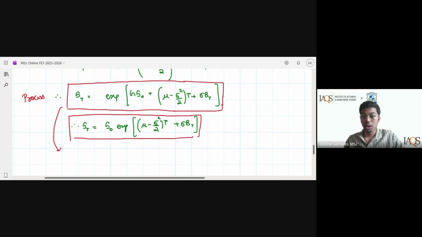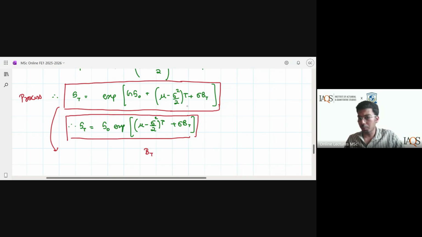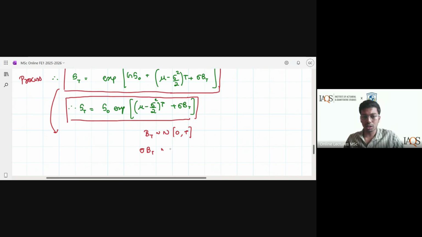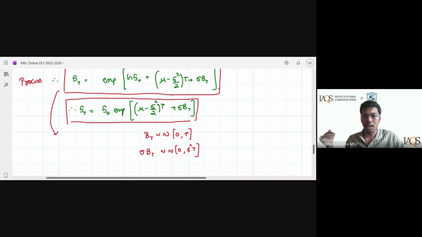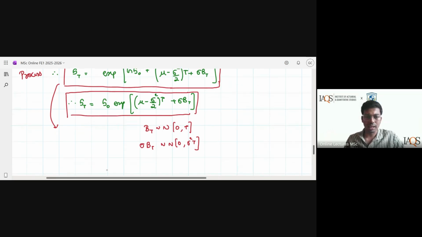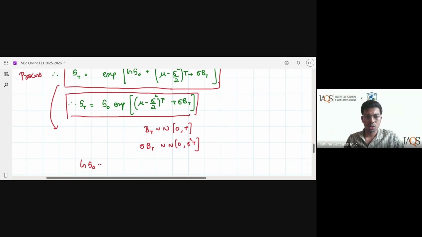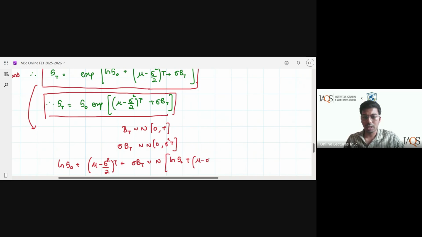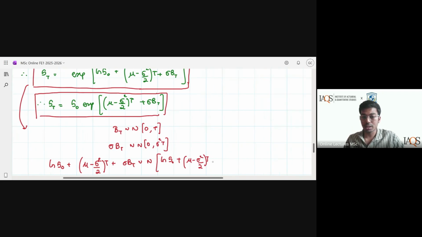Let's use this equation. Bt, we always start with Bt. So Bt follows normal 0, t. I am multiplying sigma. Sigma Bt will follow normal distribution 0 comma sigma square t. I'm adding this entire part in my mean. So can I say ln S0 plus (mu minus sigma square by 2)t plus sigma Bt will follow normal distribution with parameters ln S0 plus (mu minus sigma square by 2)t comma sigma square t.